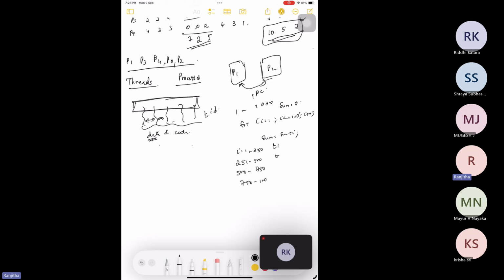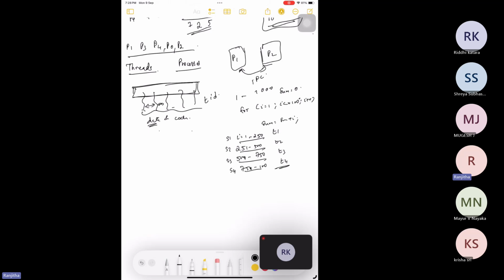We can have thread 1, thread 2, thread 3, and thread 4 process these, giving sum 1, sum 2, sum 3, and sum 4. Once each thread computes its sum, in the process the final sum can be computed as S1 plus S2 plus S3 plus S4. This brings down the time required to compute the sum by almost a factor of 4. So for parallelizing execution, we normally use threads. Okay.